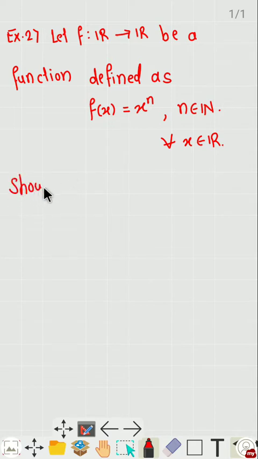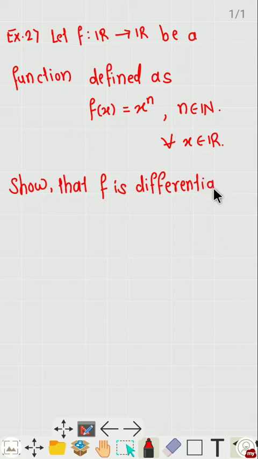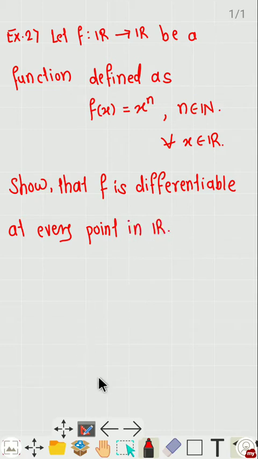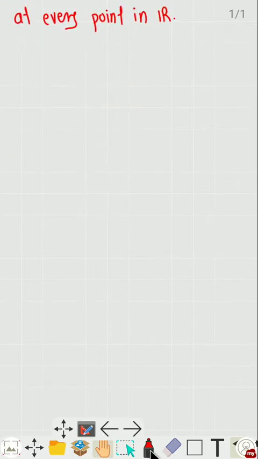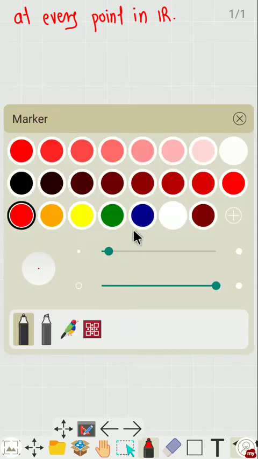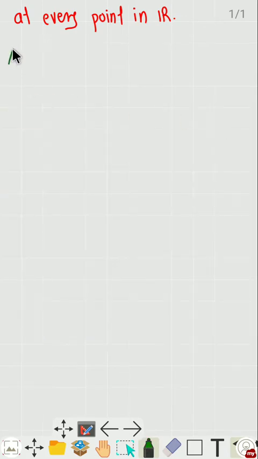Our question is show that f is differentiable at every point in R. So let us try to show that function is differentiable at every point in R. Let us write the answer of this problem.